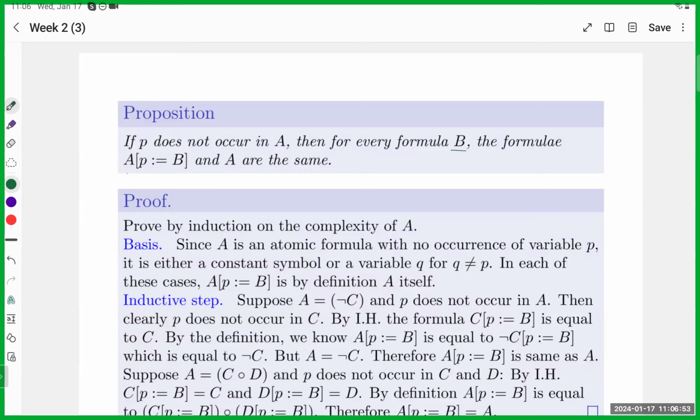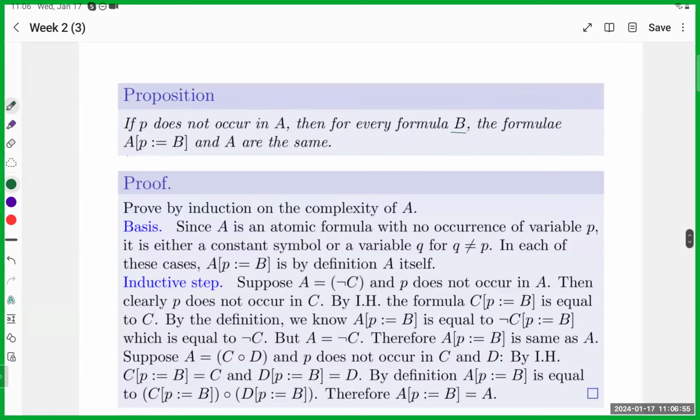Now, the inductive step. We are going to, again, take that the statement is true for formulas C and D. What does that mean?